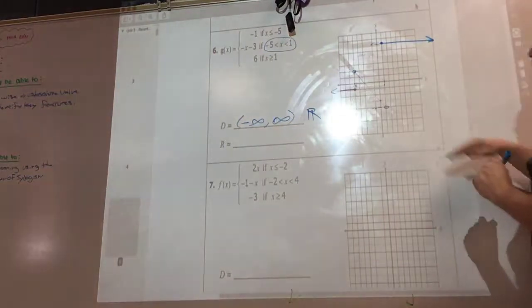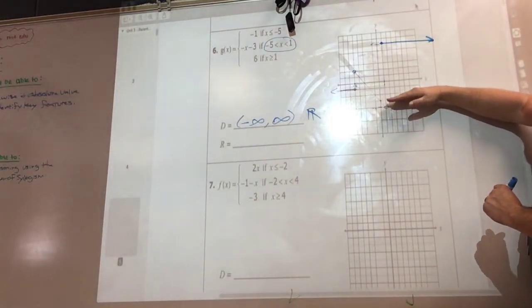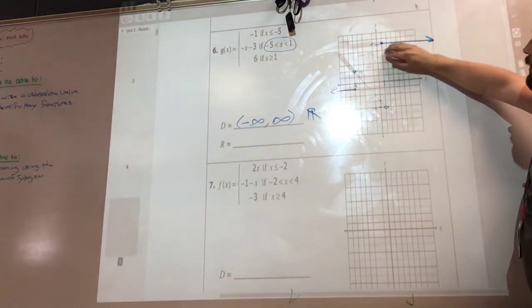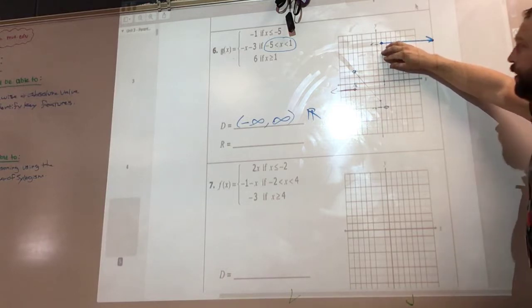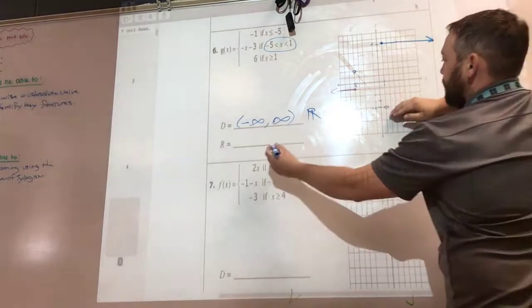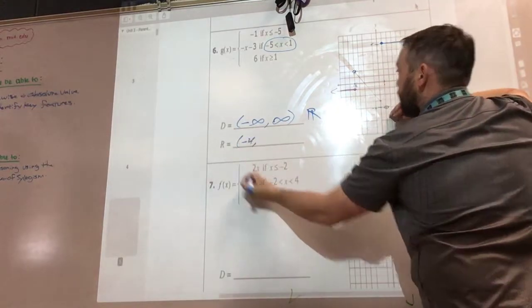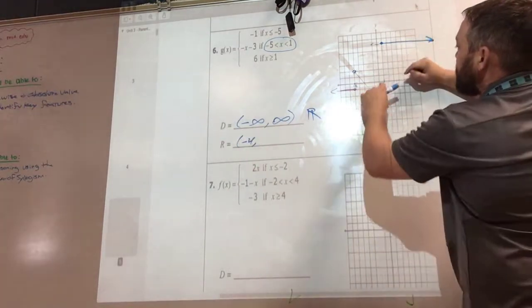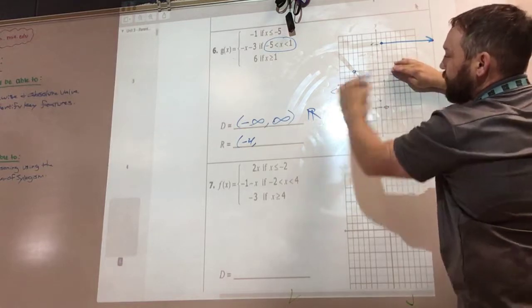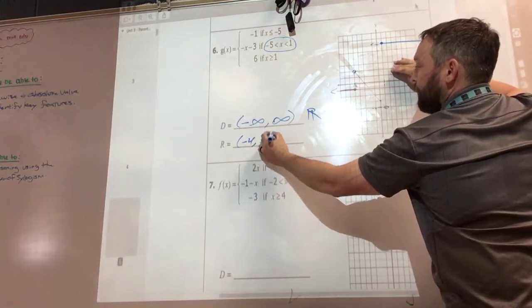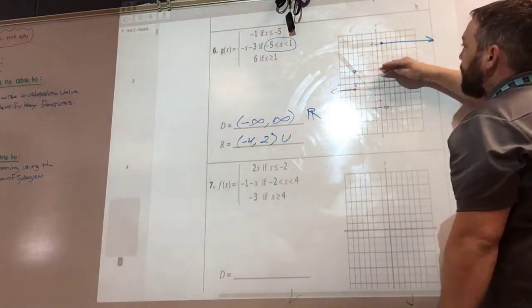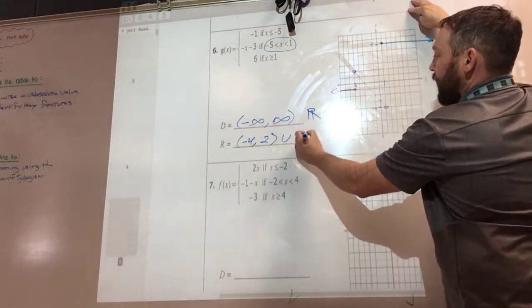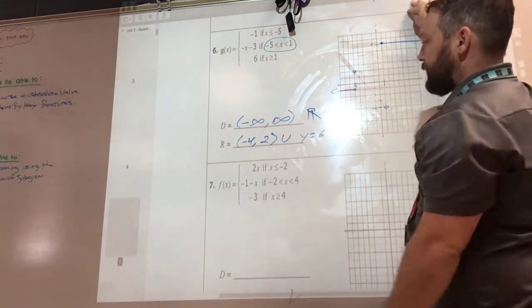Now, actually, what we're going to see here, check this out. So I go from negative 4, and I'm following up. But look at all this gap right here. There's a lot of weirdness going on here. So I have from negative 4 all the way up to y equals 2, union, and then right here y equals 6.